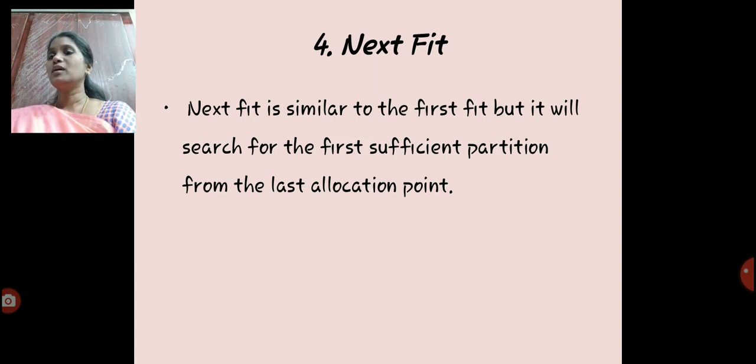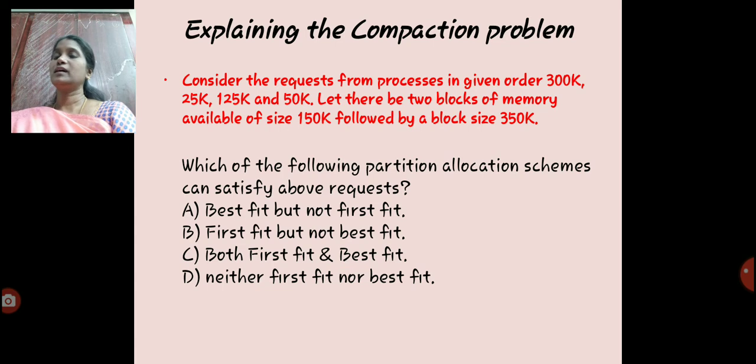So we saw first fit, best fit, worst fit, and next fit, which are the 4 strategies of the partition allocation technique, right? So here a problem comes: in partition allocation, the memory is divided into so many partitions.